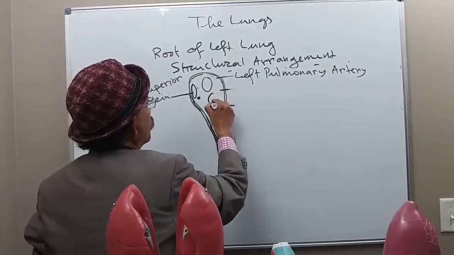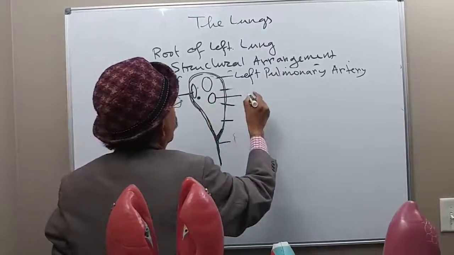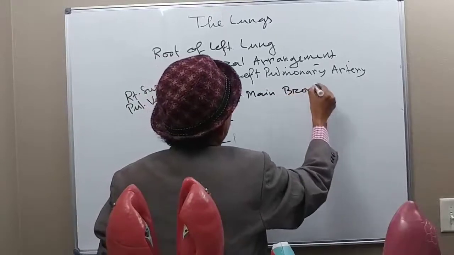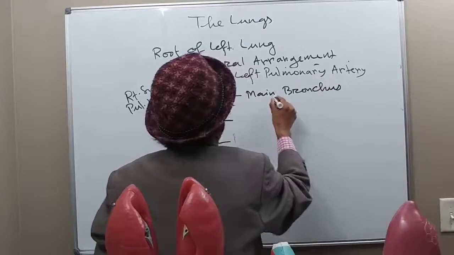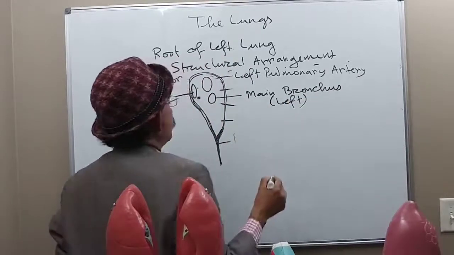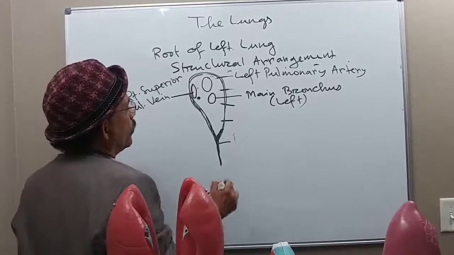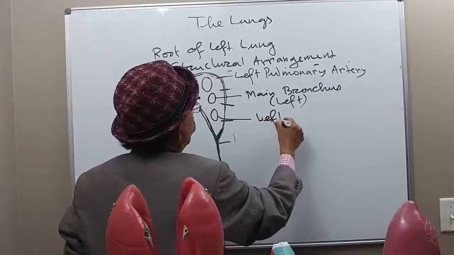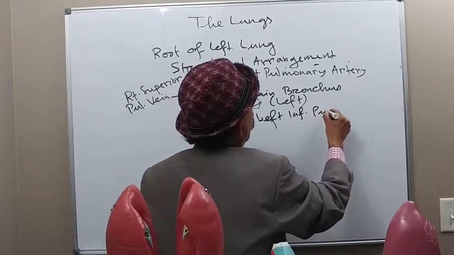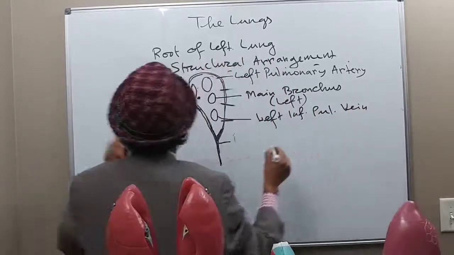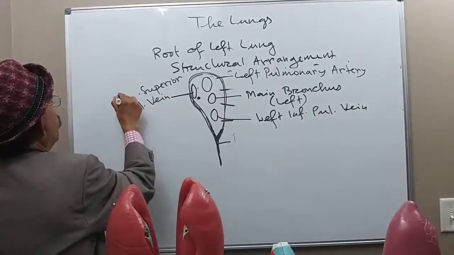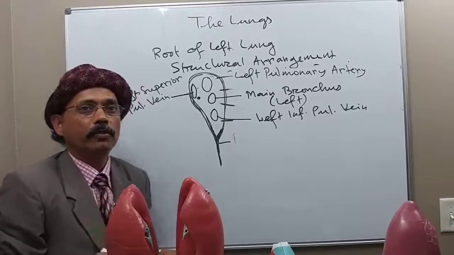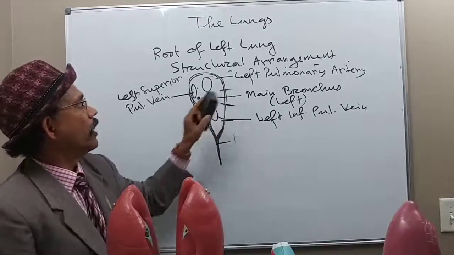Then we'll get the bronchus, the main bronchus. You can say left bronchus. Then the left inferior pulmonary vein. Anteriorly, you get the left superior pulmonary vein. Okay, we got the arrangement of the structures in the root of the left lung.